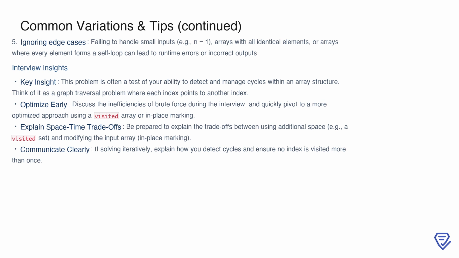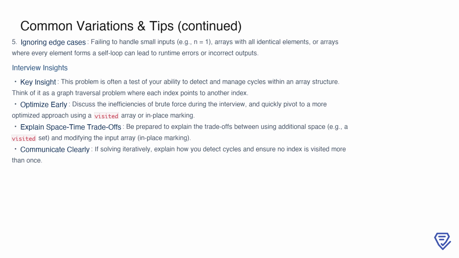Now, let's think about this problem in the context of interviews. A key takeaway is that it's a test of your ability to identify and manage cycles within an array. Conceptually, it's similar to a graph traversal problem where each index points to another. During an interview, it's important to demonstrate your understanding of the inefficiencies in brute force approaches and quickly pivot to an optimized solution using a visited array or in-place marking.